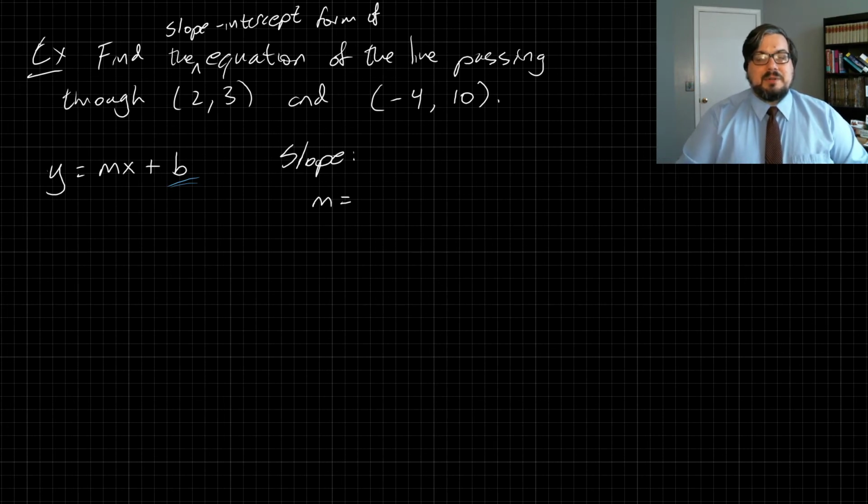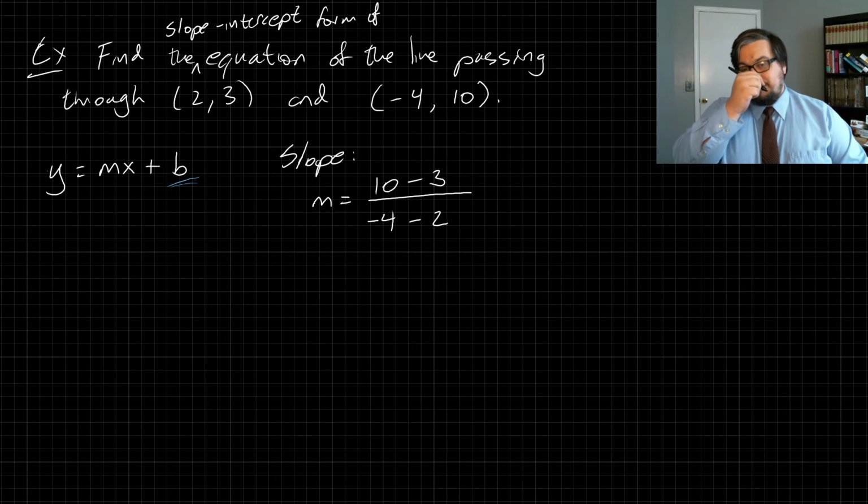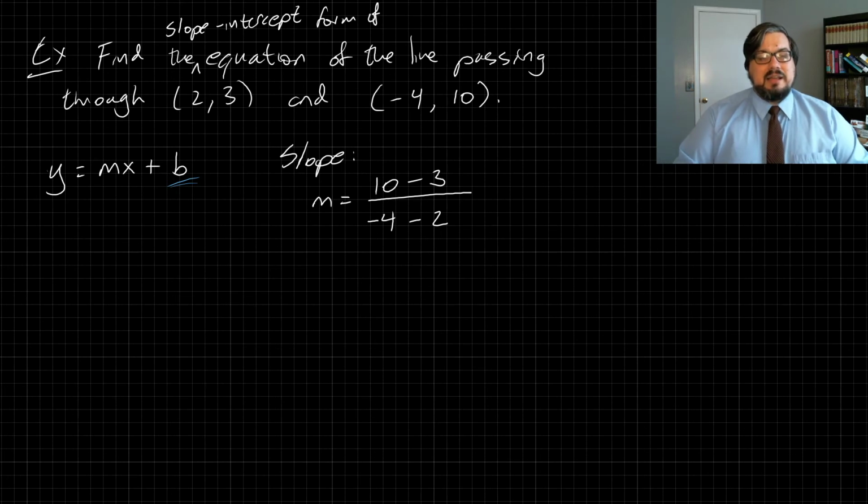M will be, now we want the difference in the y values, 10 minus 3, and then the difference in the x values, making sure to keep the same order. So 10 and -4 go together as a y and an x, and then 3 and 2 go together as a y and an x, and so this is the correct way of calculating the slope.